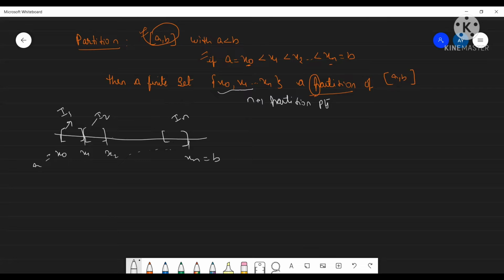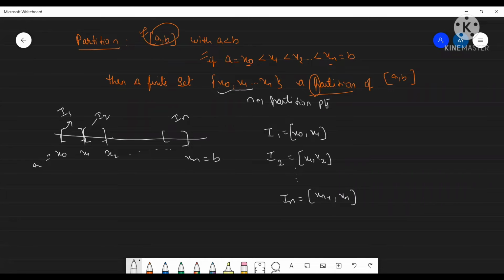So how do we write this? I1 is equal to x naught comma x1. I2 is equal to x1 comma x2. And so on up to In, which will be xn minus 1 comma xn.